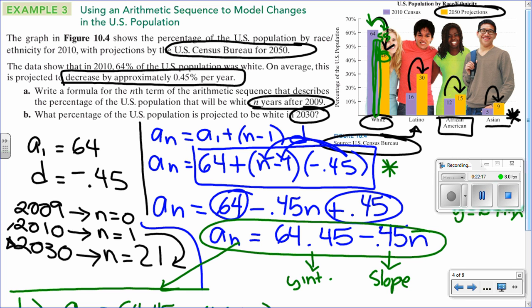Okay? Yes? So, we cannot do the projection for the other races because we don't really know what the ratio change was. Well, maybe we could actually, but I don't want to do it right now.